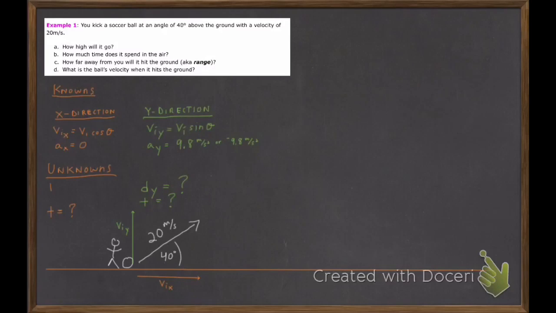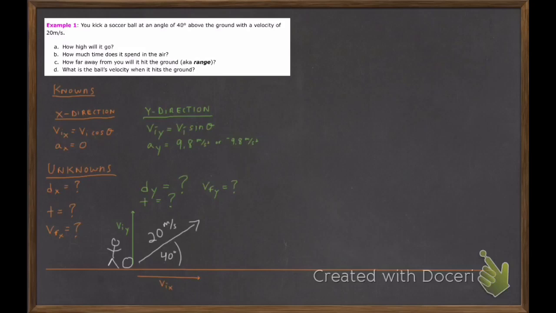So we will have to put dx and question mark. And finally, what is the ball's velocity when it hits the ground? Well, now that could be a tricky question. In order to find what the final velocity is, we need to know what each component is. So we can put the final velocity vfx over here, and we are going to have to find also v final y.